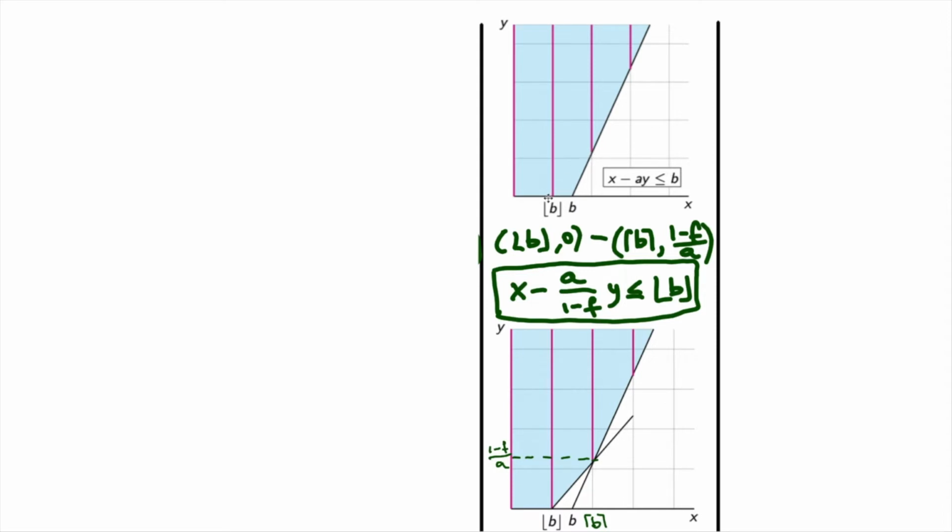Alright, so the first point would be the floor of b, 0, and the second point would be the ceiling of b, 1 minus f over a. Alright, so we have these 2 points, and the corresponding inequality will be x minus a divided by 1 minus f times y is less than or equal to the floor of b. Okay, so this situation is actually similar to the case that we just considered. So let's compare these two.